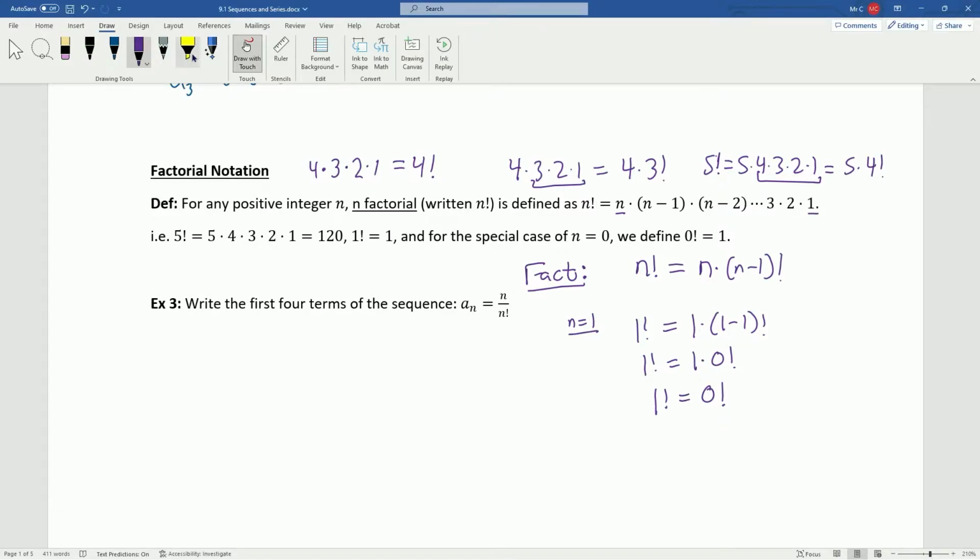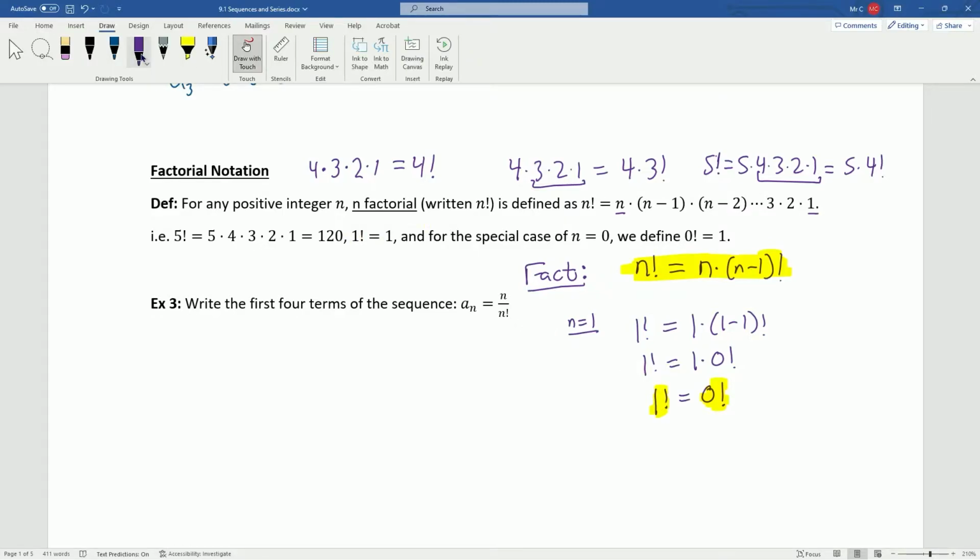So in other words, if we want this statement to always be true, just like it was for these numbers bigger than 1, right? 4 factorial equals 4 times 3 factorial. 5 factorial equals 5 times 4 factorial. If we want to make sure that's also true when n equals 1, then we just have to define 0 factorial as being equal to 1, since 1 factorial is equal to 1.